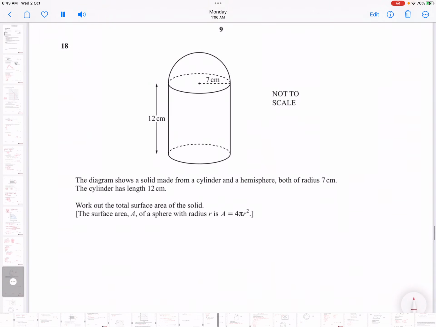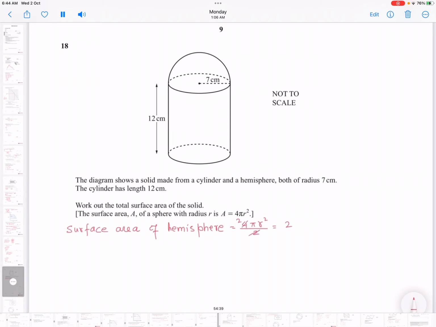In this question, there is a hemisphere on the top and a cylindrical figure at the bottom. So we have to work out the total surface area of the solid. So surface area of hemisphere is 4 pi r square divided by 2, which is 2 pi r square.